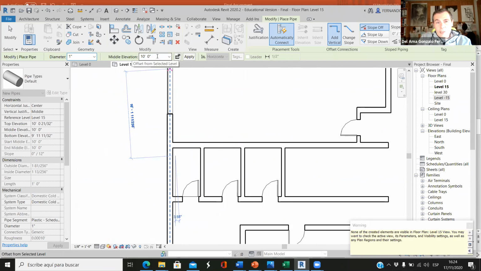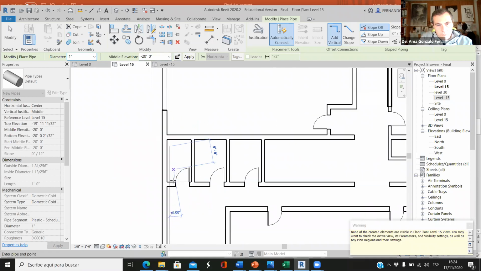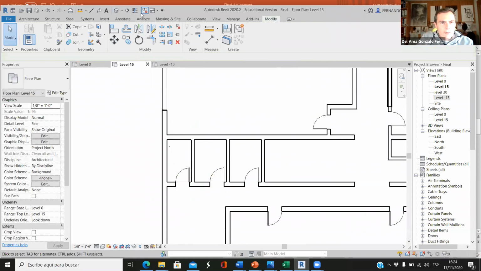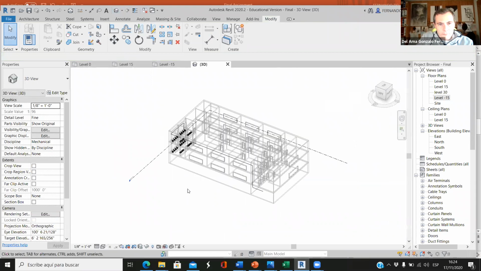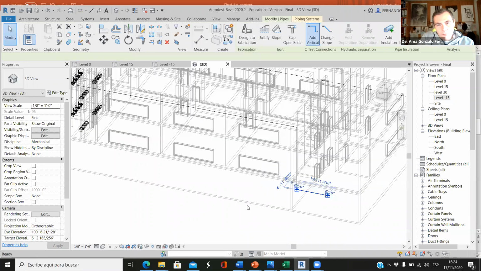Then if we change the elevation, if we know the project, we can just type here, let's say negative 20, and then we can continue. Let's see what we have done. Okay, there you go.